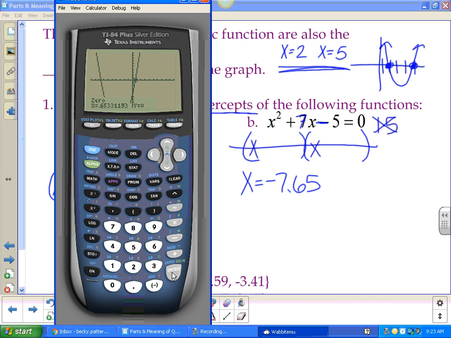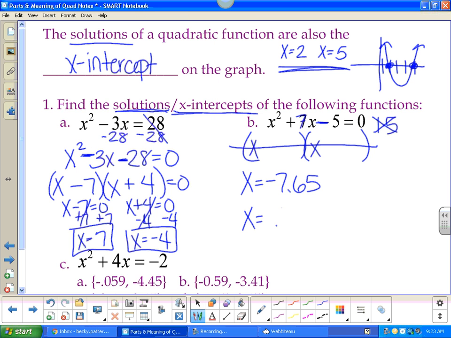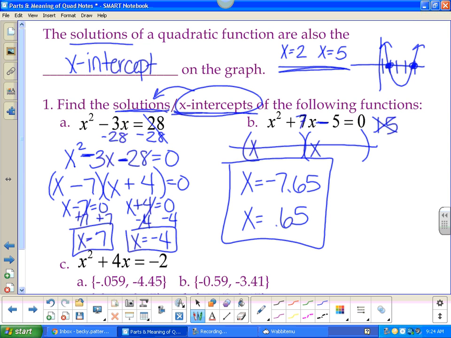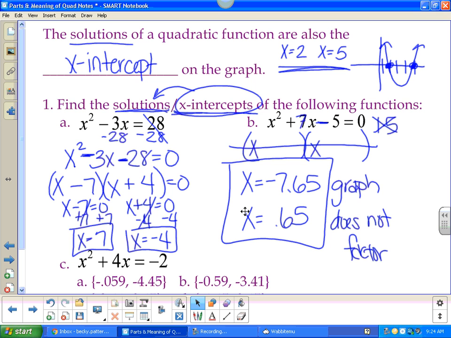And that's at 0.65. So those are the x-intercepts, which are also the solutions. Now I got this one from the graph because it does not factor. So I had to graph it.